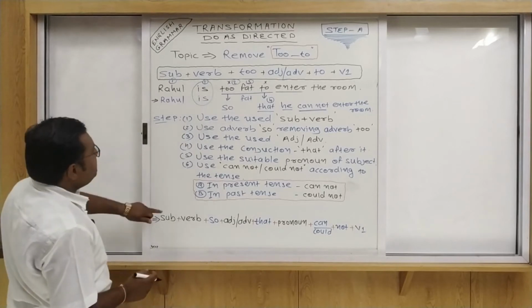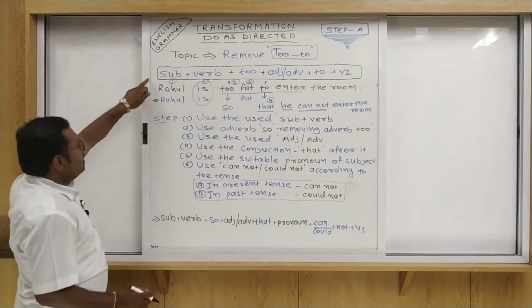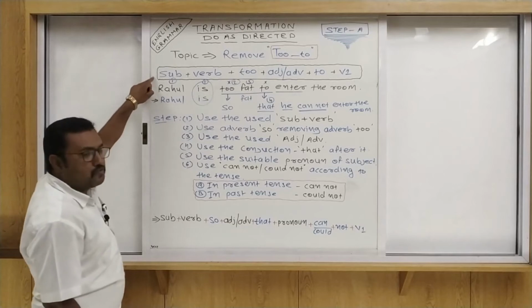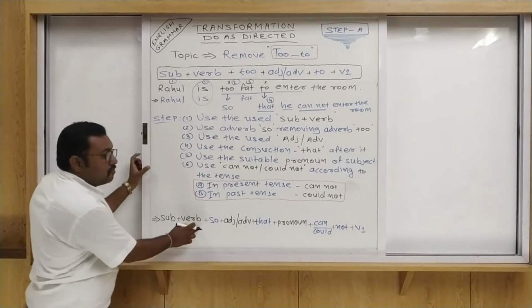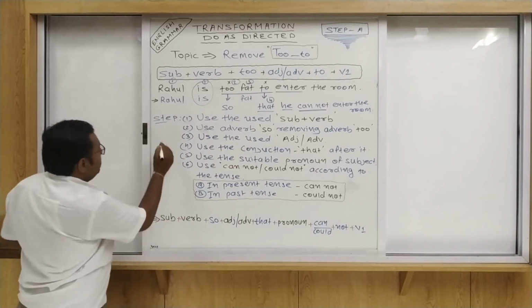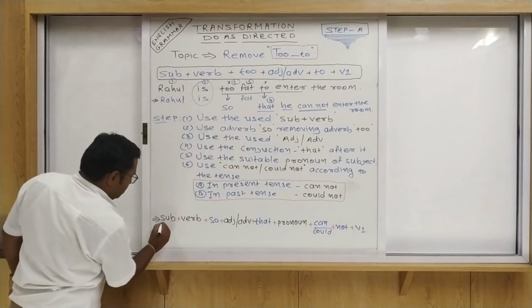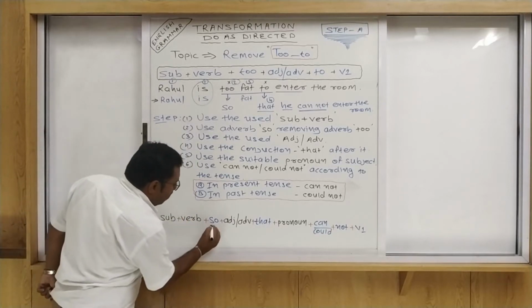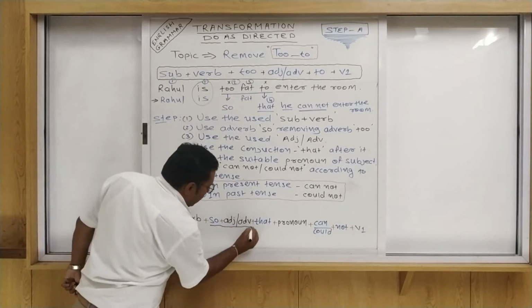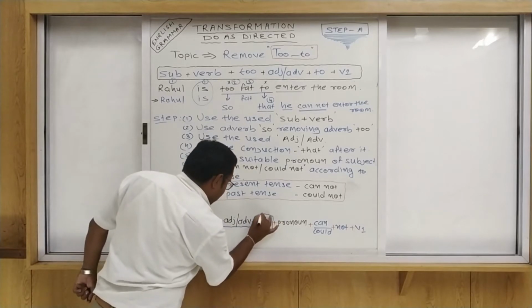Now see the structure. Here the structure is given for 'too', and then the structure for 'so that'. First of all, Rahul, the subject, then the verb, same thing, then adjective, adverb, that.